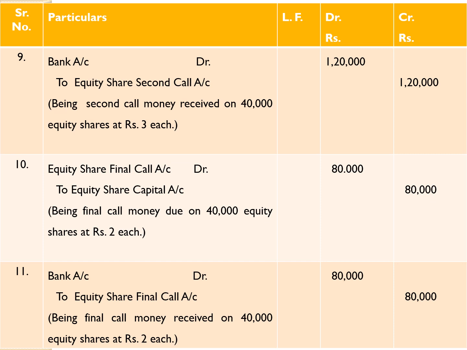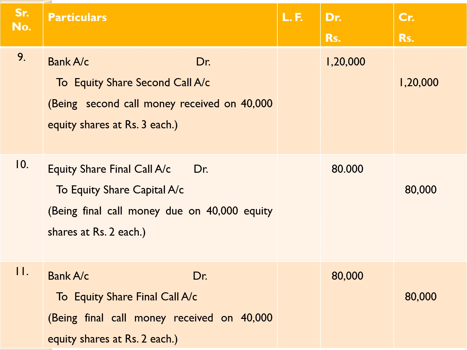Therefore, 40,000 multiplied by rupees 2 is equal to 80,000. It means at this stage the company shows the amount due on final call. The account on which the amount is due is debited and the capital account is credited.